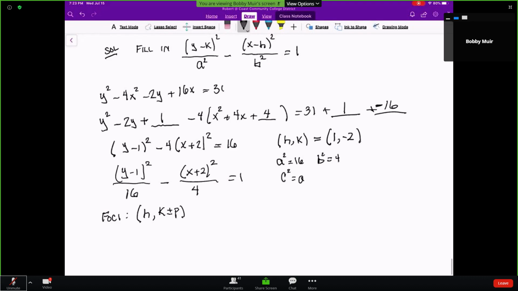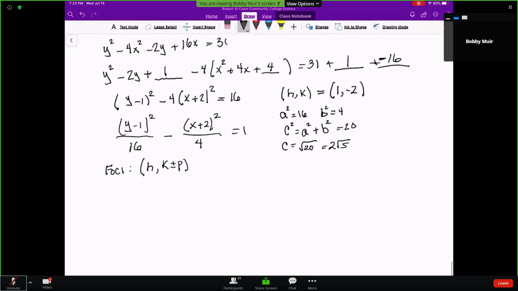For the hyperbola, the working equation looks like the Pythagorean theorem, so c squared is 20. So c is the square root of 20, which is 2 radical 5. So the foci are going to be at the point (negative 2, 1 plus or minus 2 radical 5).